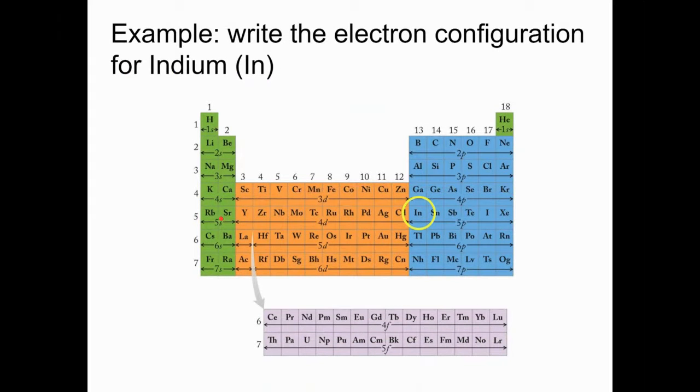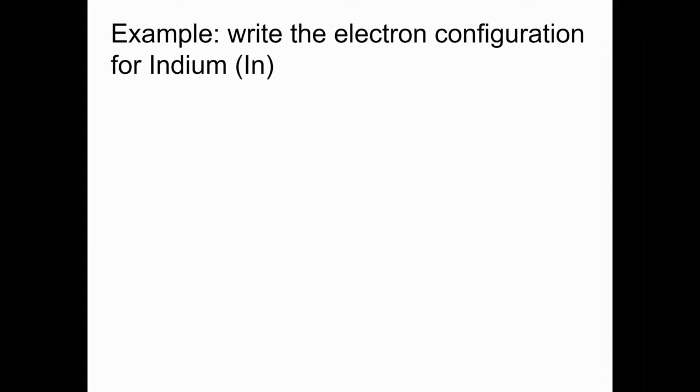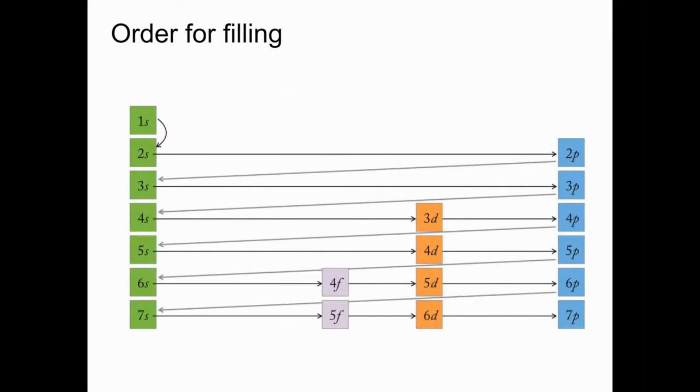And then you're going to go the 5s's. Here, let's track back so we look. So 4s, 3d, 4p, 5s, 4d, 5p, and then 6s, and then 4f, and then 5d.